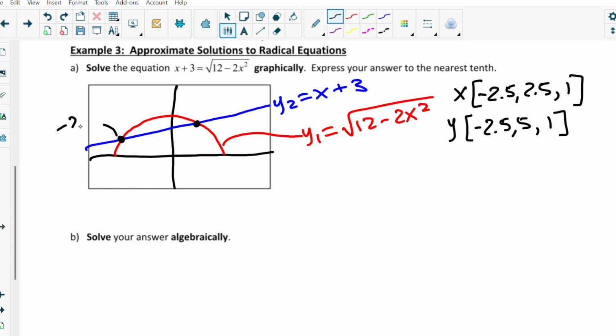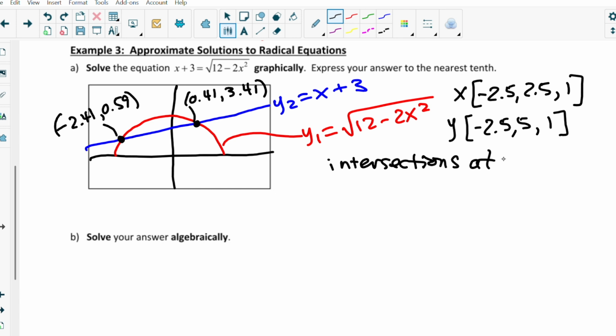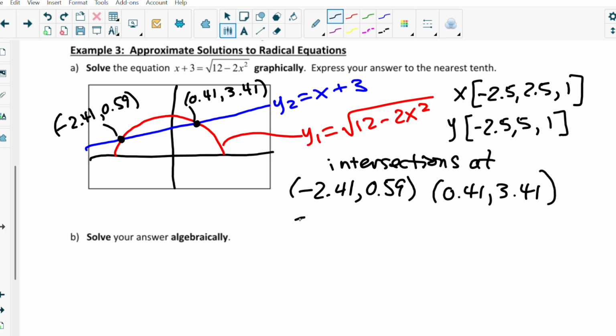The first intersection point is negative 2.41 and 0.59, rounding of course, and this one is at 0.41 and 3.41. So intersections at negative 2.41, 0.59, and 0.41 and 3.41.